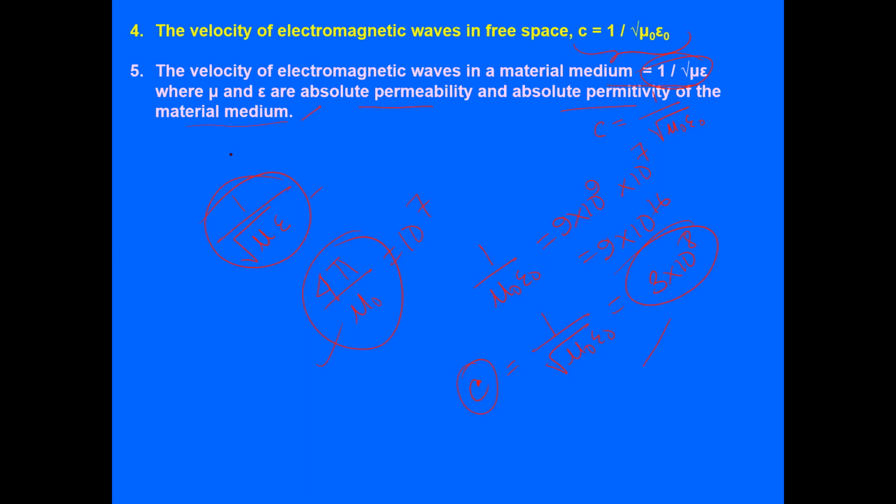The velocity of light is constant in vacuum, but in other media the velocity depends on the wavelength, the permittivity of the medium and the permeability of the medium.